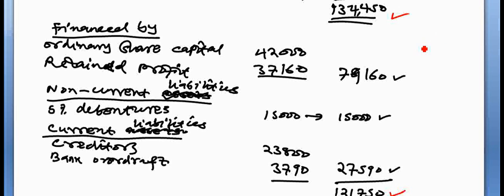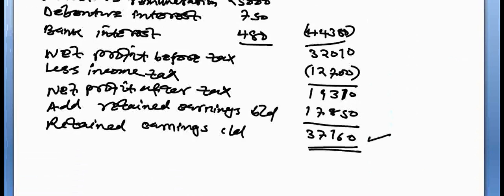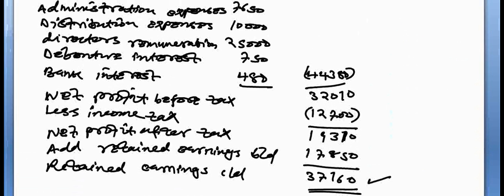Oh, 12,700. Okay, I think you had some 12,700 somewhere. Ni kama kuna 12,700 yenye hatuja include, hebu tuone kwa nini. Oh, income tax.